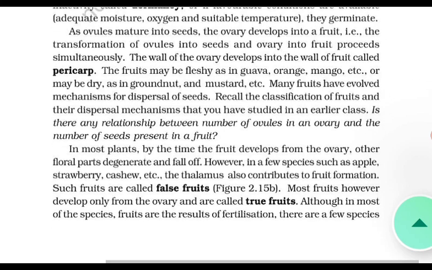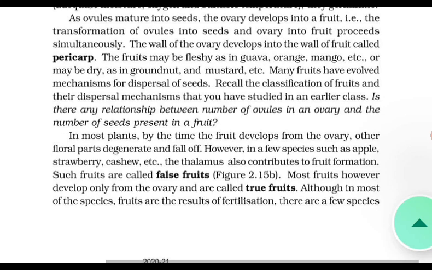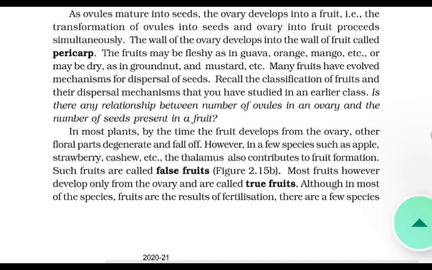The zygote gives rise to the proembryo and subsequently to the globular, heart-shaped and mature embryo. A typical dicotyledonous embryo consists of an embryonal axis and two cotyledons.